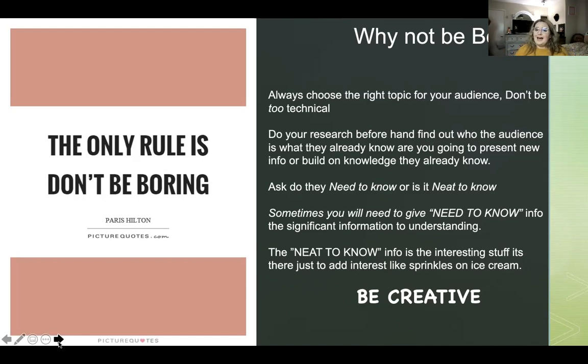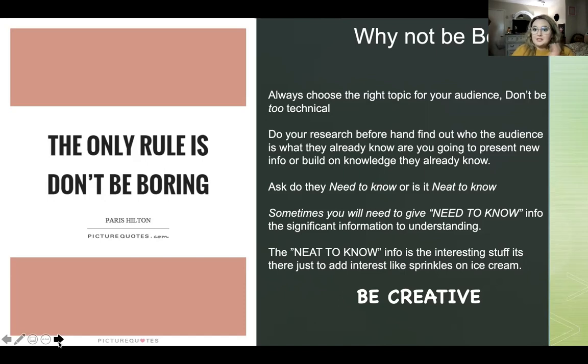You also need to ask, what are the need to knows and the nice to knows? So sometimes you'll need to give need to know information. And need to know information is basically just significant information to understand. So ice cream, for example, if you're going to give a speech on how to make an ice cream sundae, a need to know is something along the lines of ice cream is cold cream.